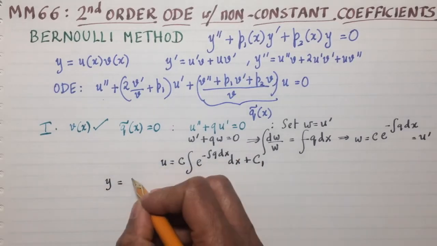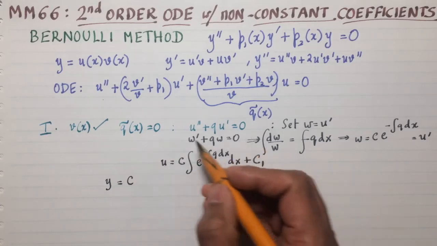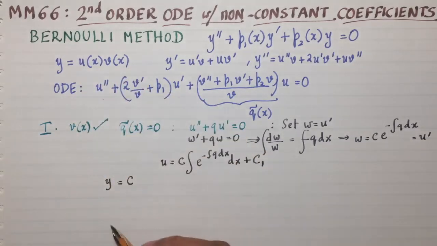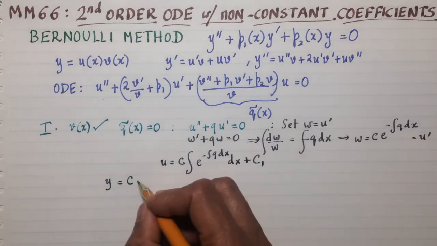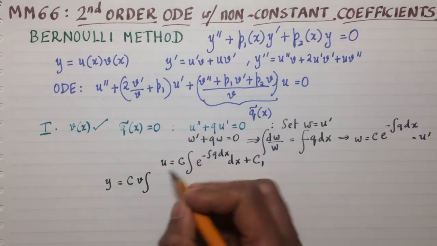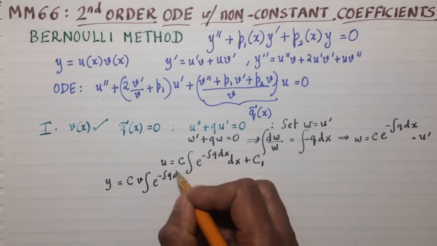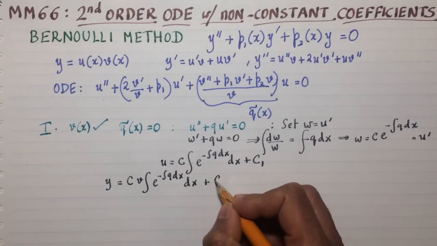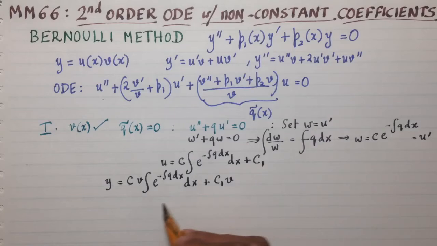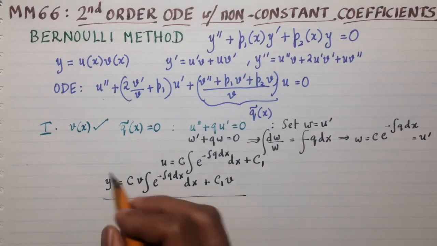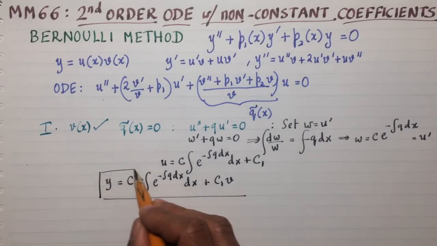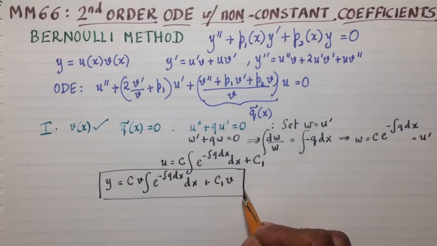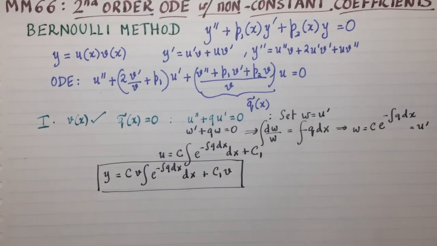So y equals c v, because y is the product of u and v, so it's going to be c v times that integral of e to the minus integral q dx, plus c1 v. And that's a full solution. So we have solved this problem completely. If you're able to guess the first solution, then the full solution is found as follows.